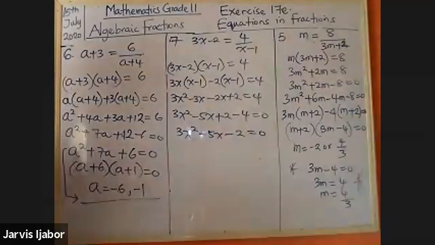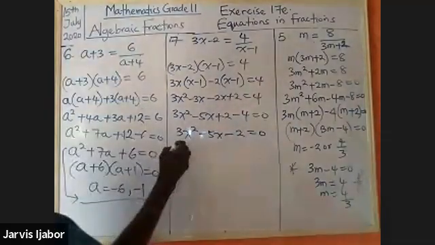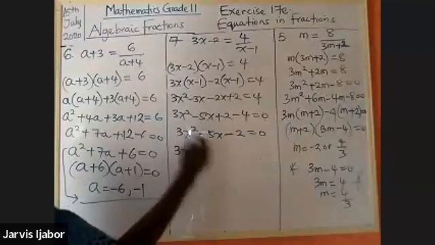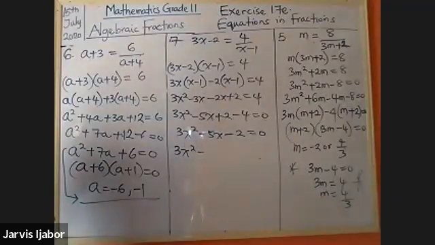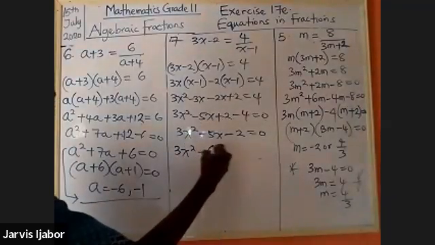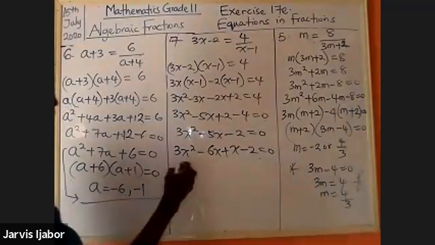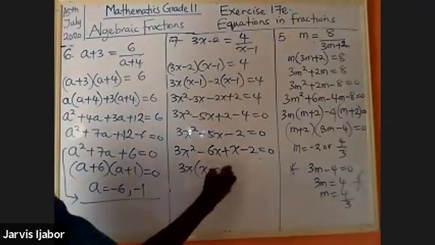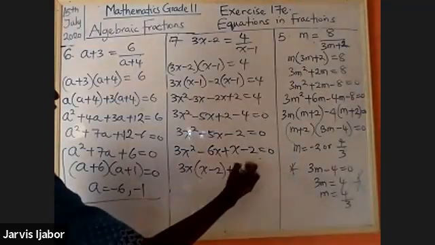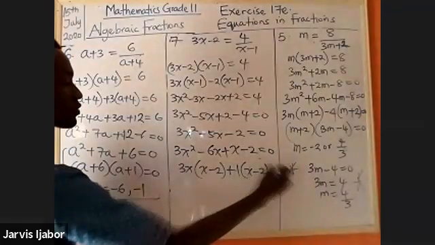That means the negative factor I need will be bigger. So with that, this will be 3x squared minus 6x plus x minus 2 equal to 0. So 3x will now go into x minus 2 plus 1 into x minus 2 equal to 0.